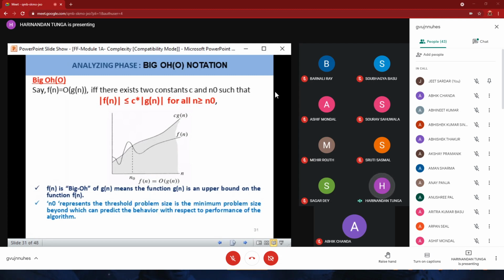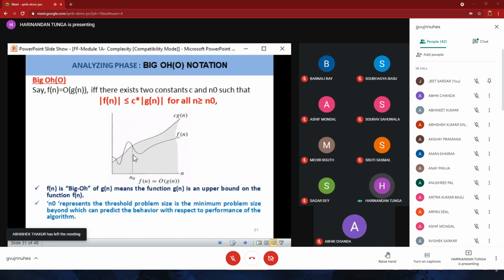If you look, these two functions are plotted, f(n) and c into g(n). f(n) is Big-O of g(n) means that function g(n) is an upper bound on function f(n).